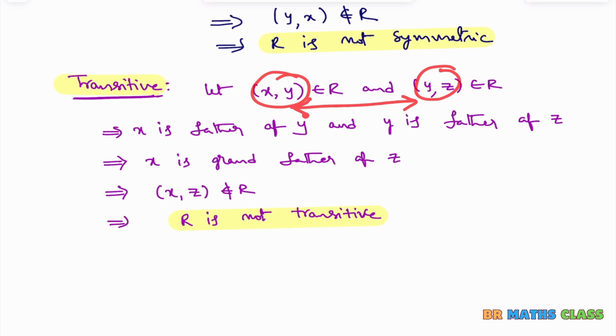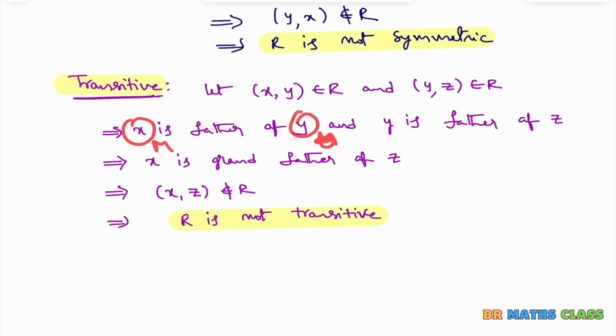If x is male, y is female, in that case, female cannot be father of z. You try to understand, right? But the point is, does such a pair exist in the relation or not? Yes, such a pair exists. When x is male, y is male, then y can be father of z.